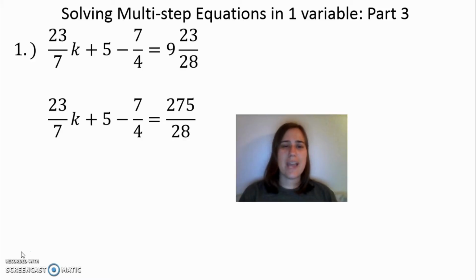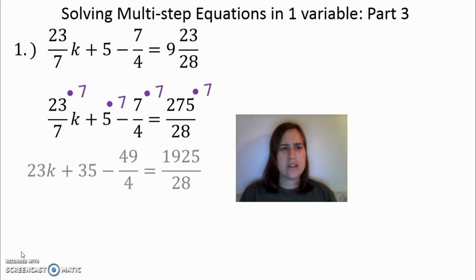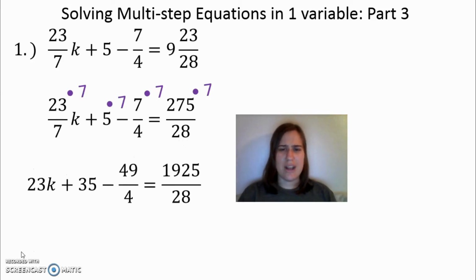Now we can start trying to kill the fractions. So let's multiply everything by 7. When we multiply that first fraction by 7, we get to kill the denominator, which is pretty nice. And then everything else we have to multiply by 7. So that's not great, but at least the first one's gone.